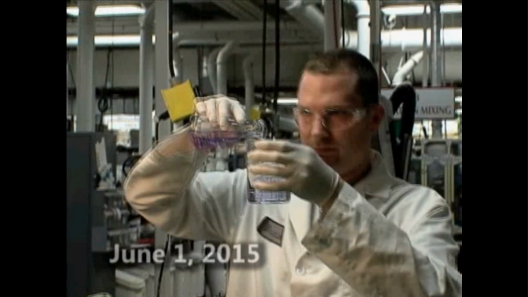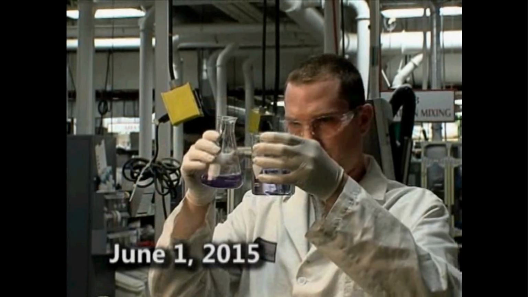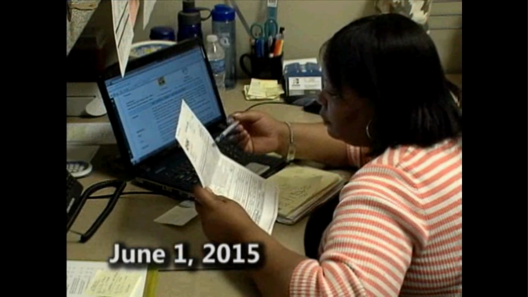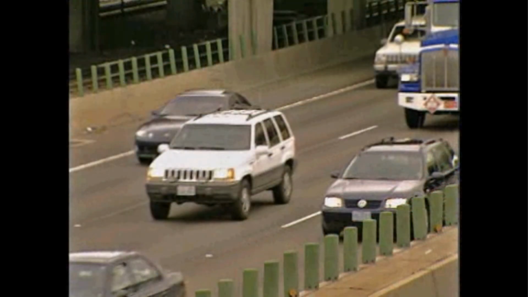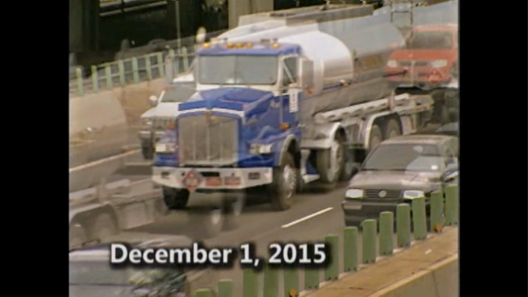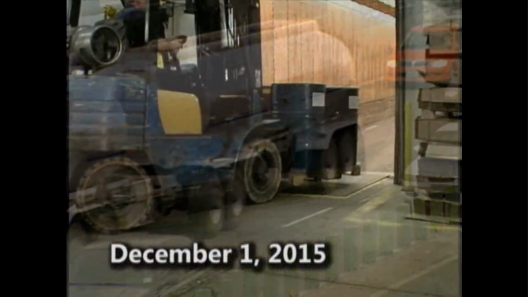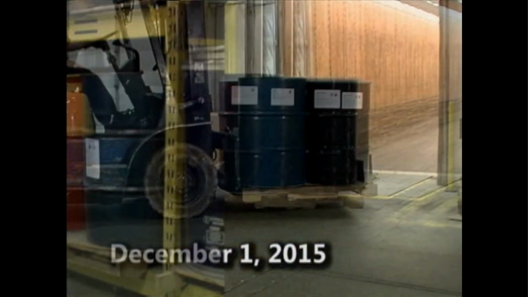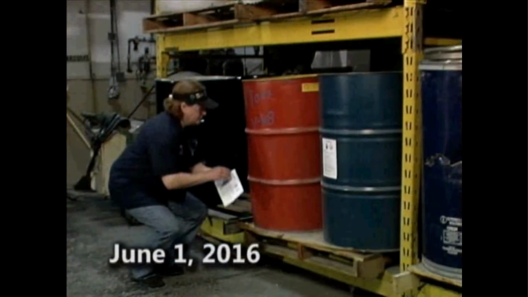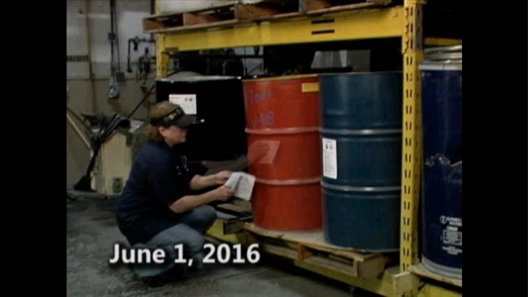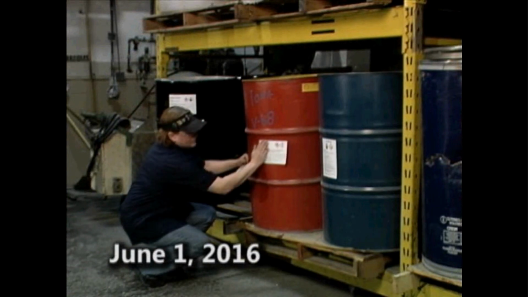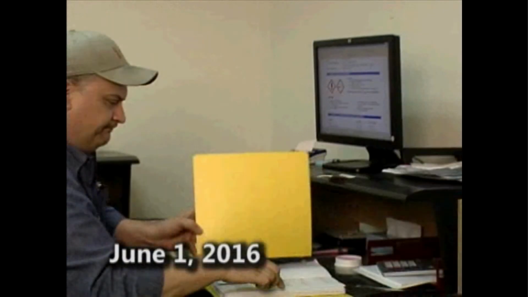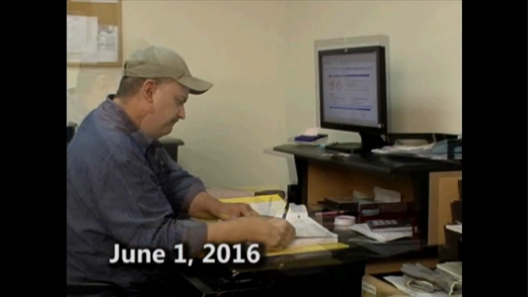By June 1st, 2015, chemical manufacturers, importers, distributors, and employers must comply with all the GHS-based changes to the OSHA standard, although distributors have until December 1st, 2015, before they must discontinue shipping any chemical products that do not have GHS labels. Finally, by June 1st, 2016, employers must update alternative workplace labeling and hazard communication programs as necessary, and provide additional worker training for newly identified physical and health hazards.